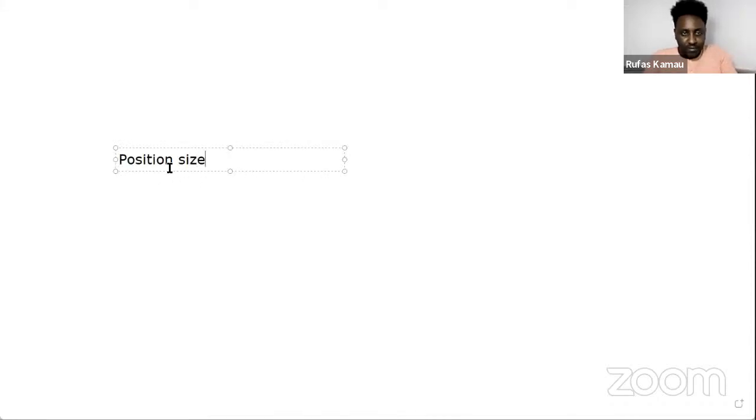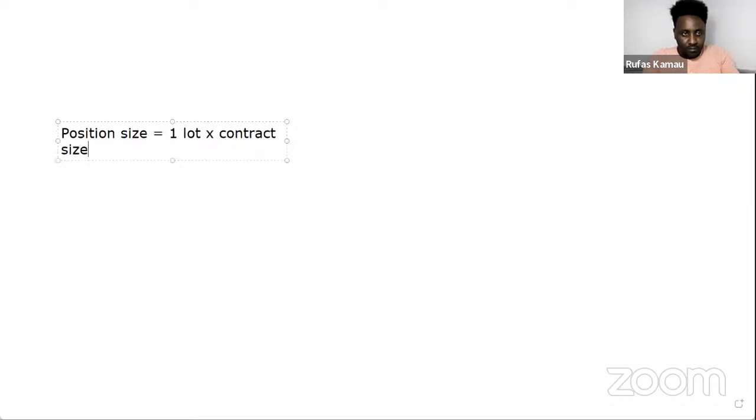So the position size that you have taken here is equivalent to one lot, or one contract, multiplied by the contract size, which is 100, times the price.